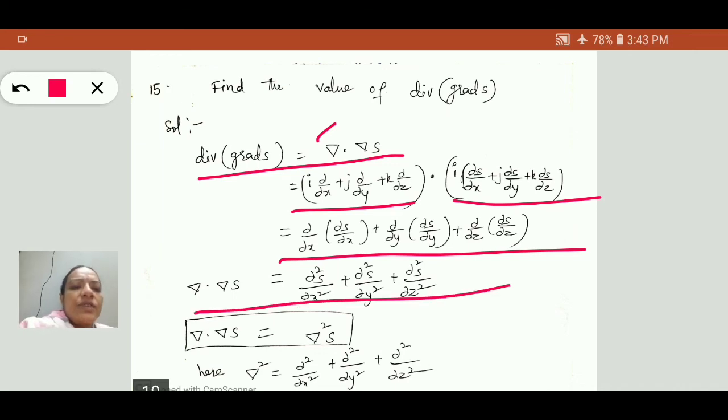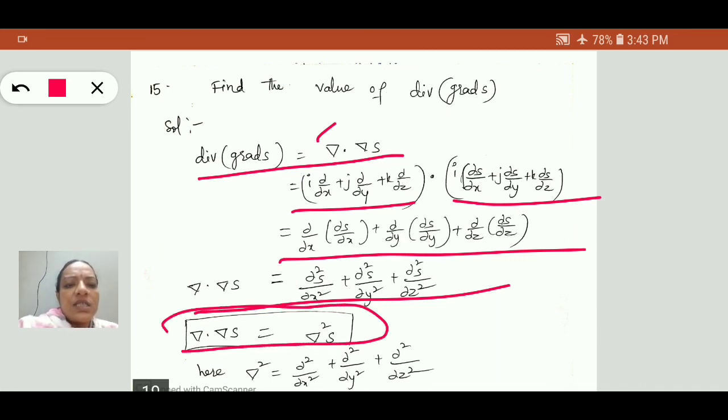We get the partial derivative of dou S by dou x with respect to x, which is nothing but dou square S by dou x square, plus dou square S by dou y square plus dou square S by dou z square.